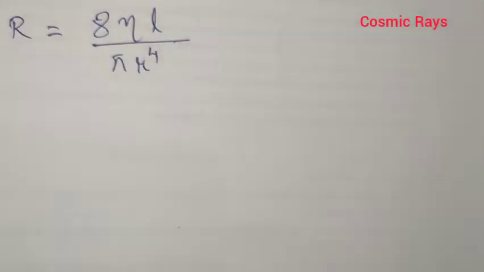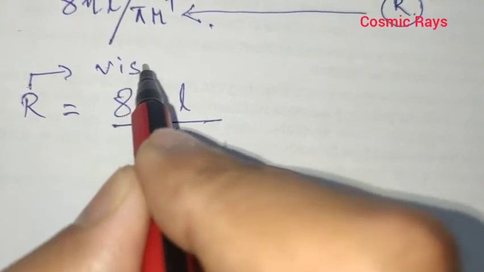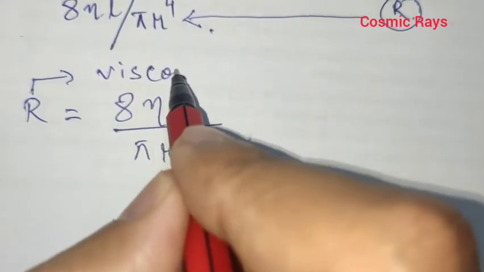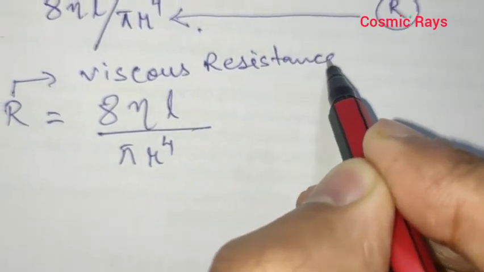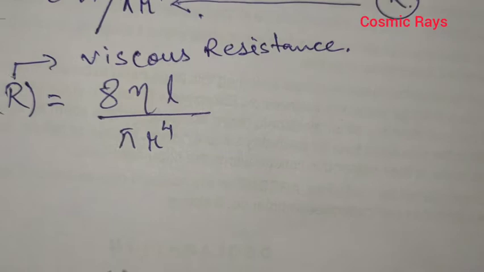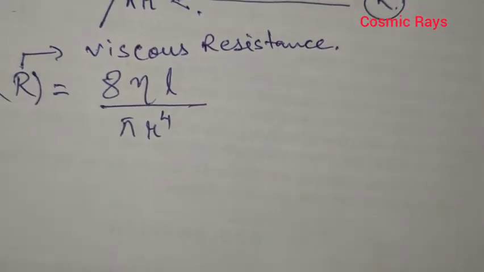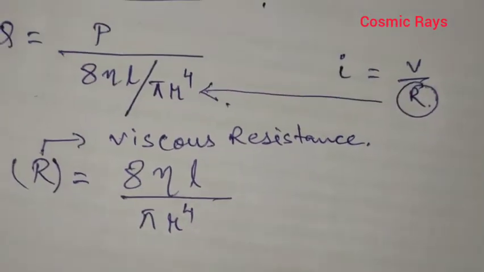This R is known as the viscous resistance. With this formula we can find the viscous resistance of a liquid.